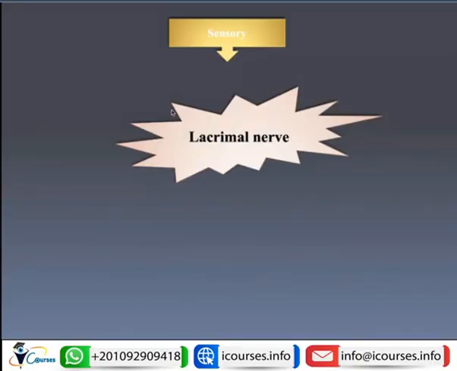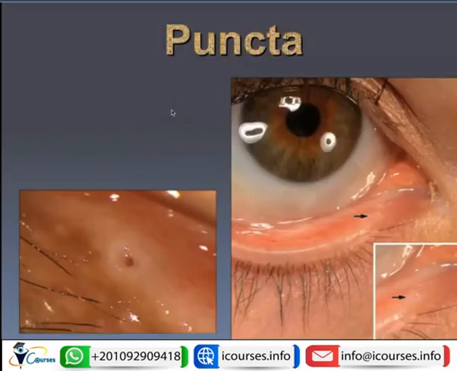The sensory supply for the lacrimal gland also comes from the lacrimal nerve. So this is all we need to know about the lacrimal gland.